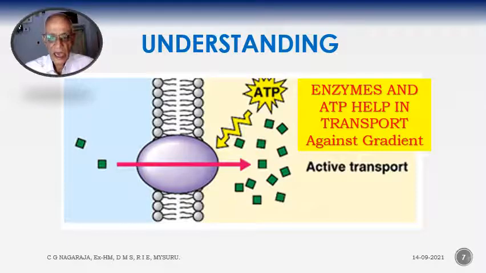Remember that active transport refers to the transport of molecules from inside the cell with the help of enzymes and ATP molecules against the concentration gradient. It may move from higher concentration to another higher concentration with the help of active transport. Remember that. Try to read your book once more to understand this concept.